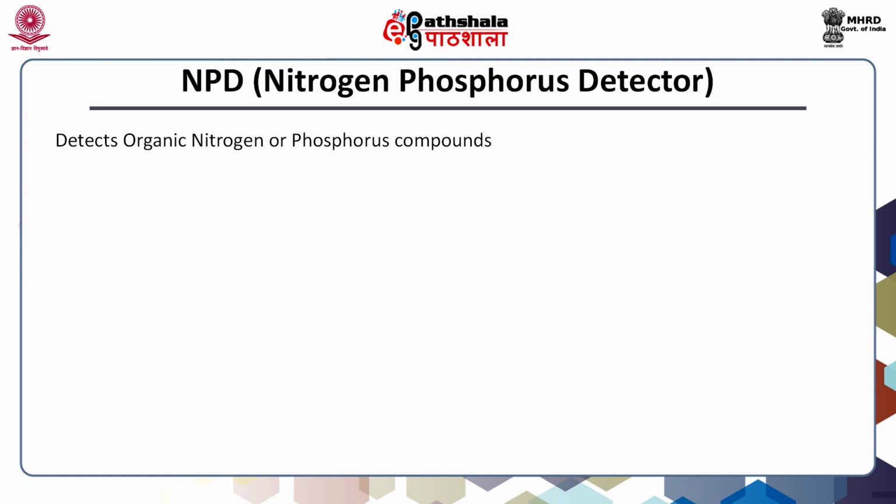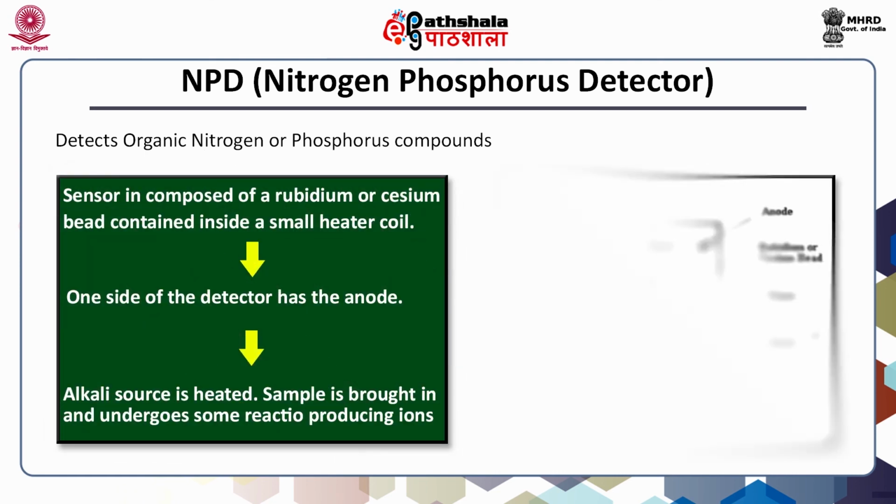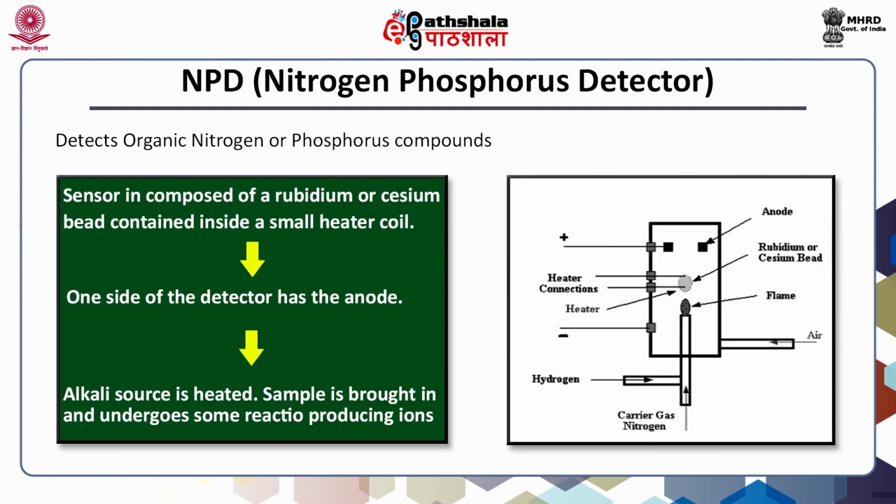It is sometimes called the flame thermionic detector. The heated alkali, rubidium sulphate, emits electrons by thermionic emission, which are collected at the anode and thus produce ions.